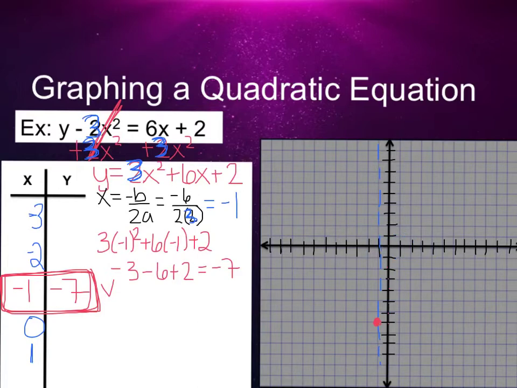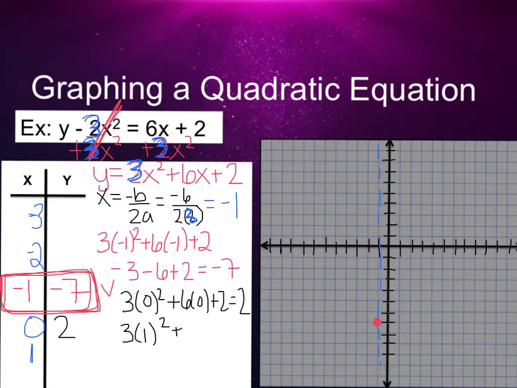Okay, so now we're ready. Let's go ahead and plug in those points to generate our y values. So we have 3 multiplied by 0 squared plus 6 multiplied by 0 plus 2, and our answer is 2. And then we have 3 times 1 squared plus 6 multiplied by 1 plus 2.